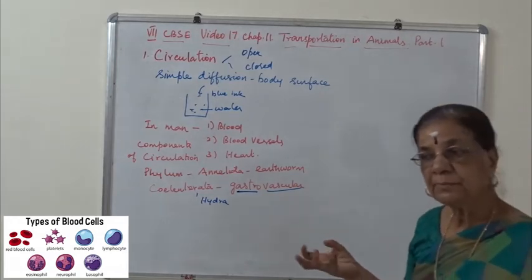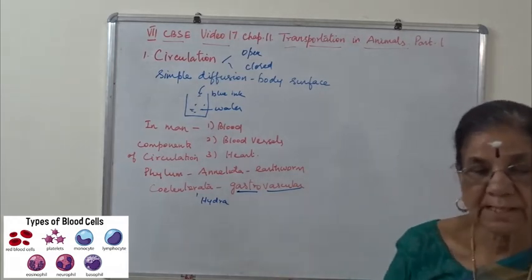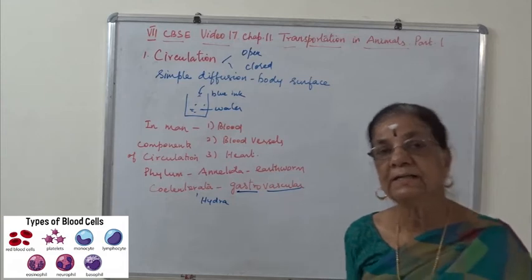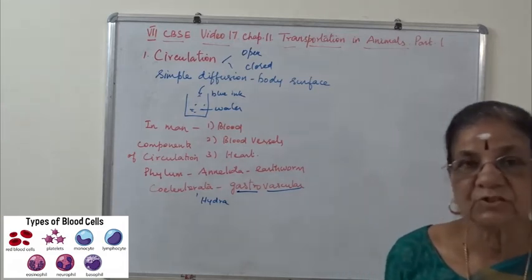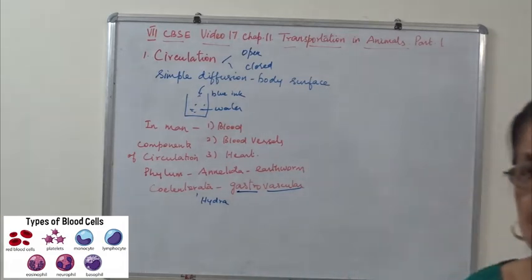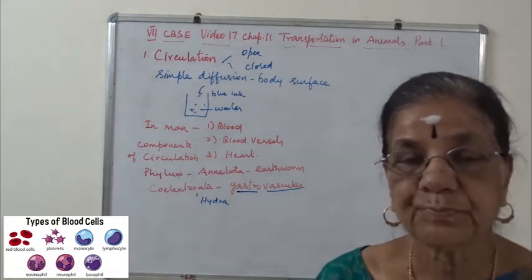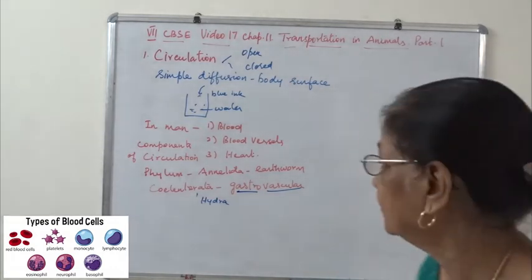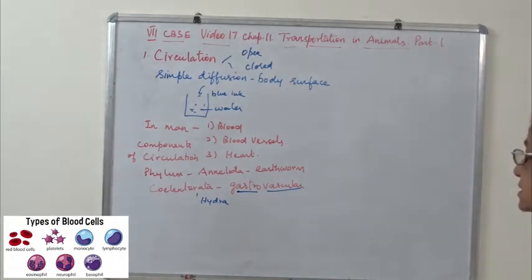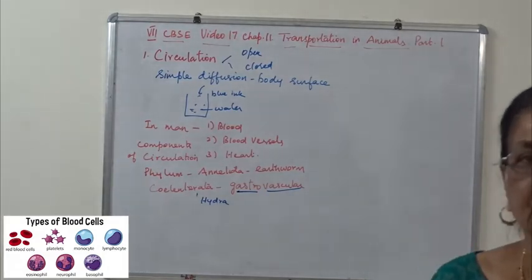Open type is mainly found in phylum Arthropoda and Mollusca, such as shell varieties like apple snail, and insects in Arthropoda. Whereas closed type is within the blood vessels. I hope you are listening. So here circulation involves the human heart, blood vessels and the blood.